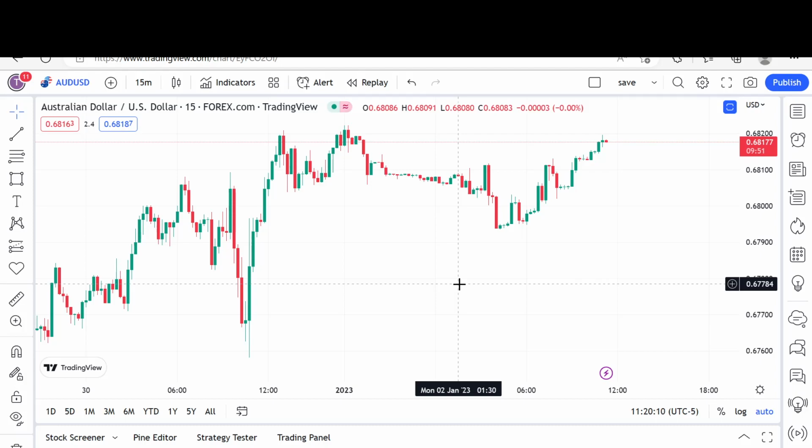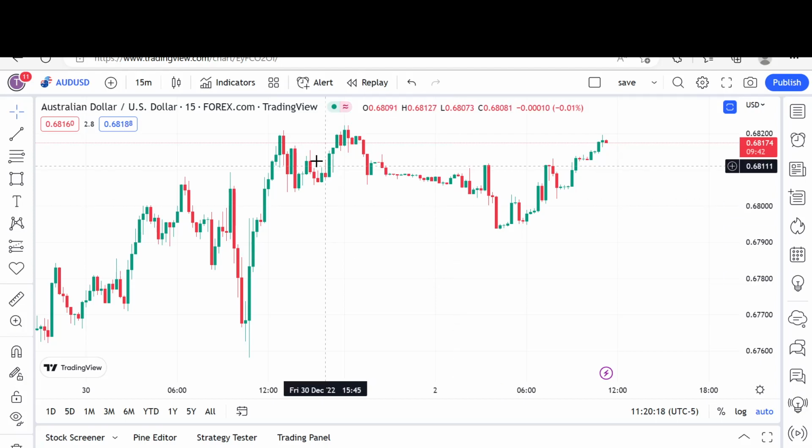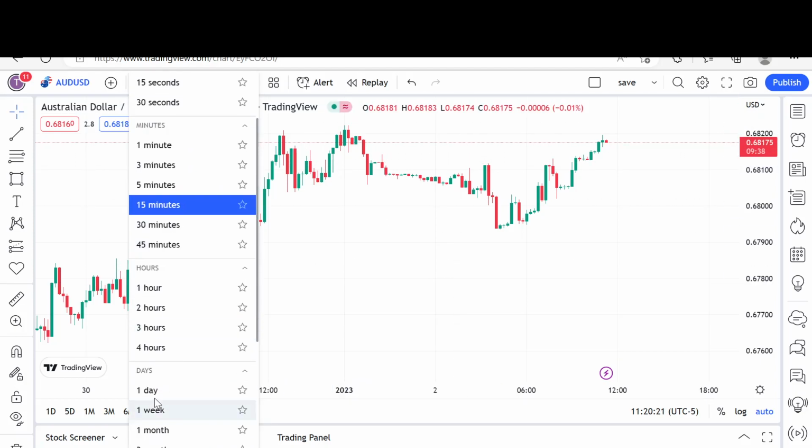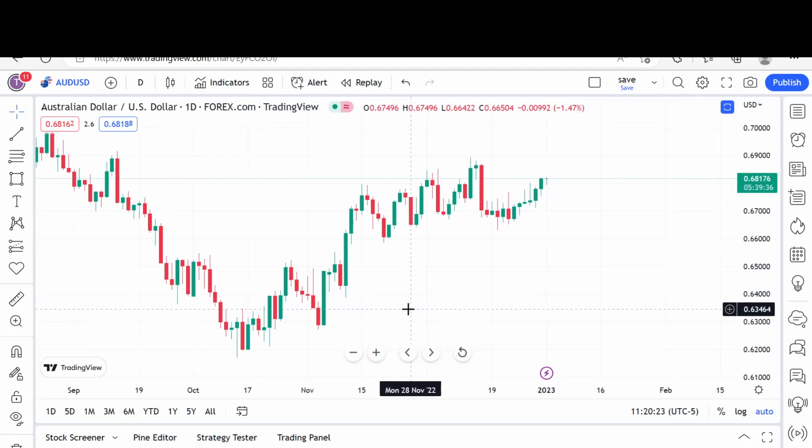Just having a firm grasp of market structure, you could carve a career out of the marketplace with that alone. Okay. So one last time, we're going back to the daily chart, because what did I tell you? Price is fractal. And knowing that price is fractal, that means we need to be utilizing different time frames.